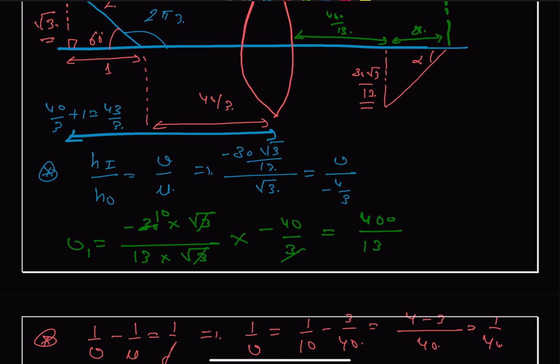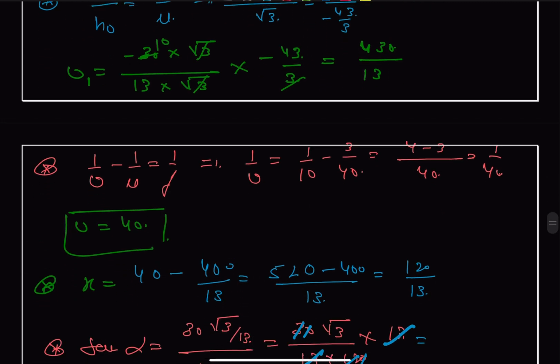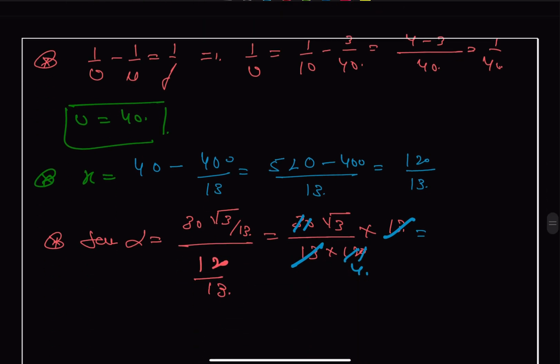So this will be coming as 43 and this will be also my 43. Okay. Now it comes as 430. And this is okay, and we have to sort it here also.